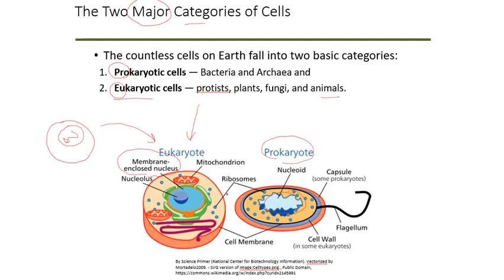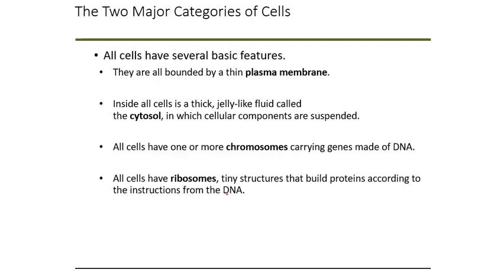There are other differences, but that is the main difference between prokaryotes and eukaryotes. So when we think of the two major categories of cells, there are some differences, and I showed one of the differences. Basically, the nuclear membrane is a very important difference between the two of them.